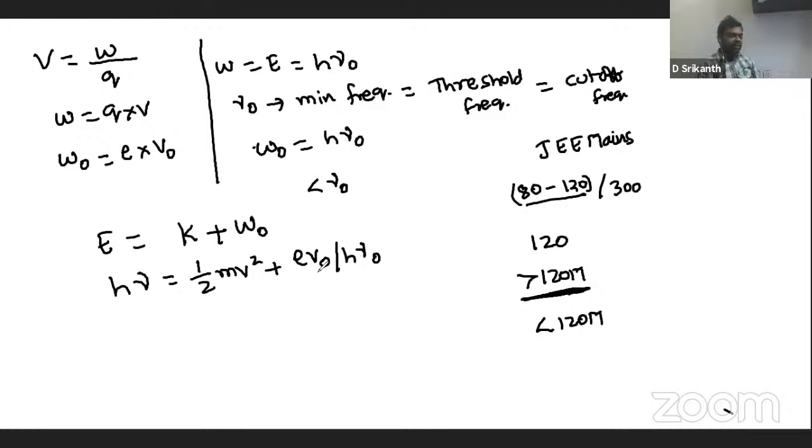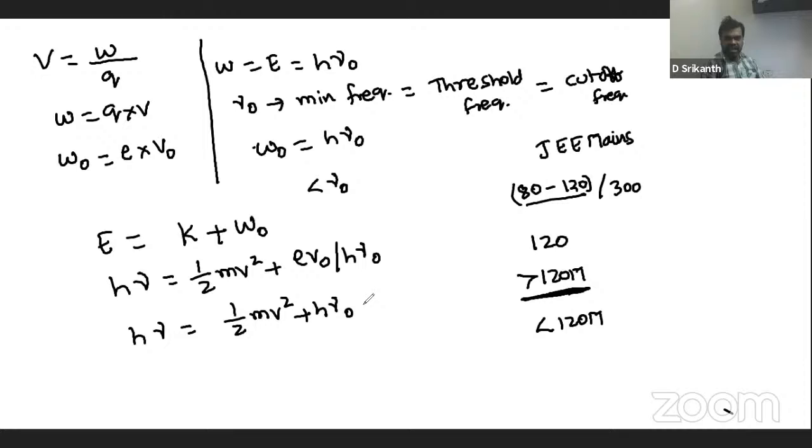Either I can substitute with respect to potential or with respect to frequency. If I substitute with respect to frequency, you can see half mv square plus h nu naught.